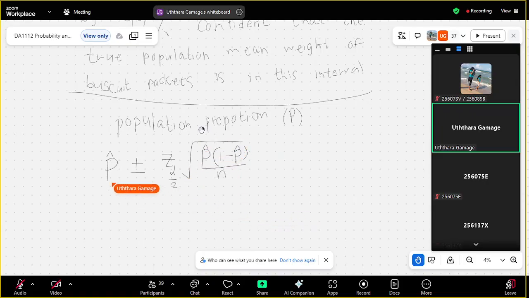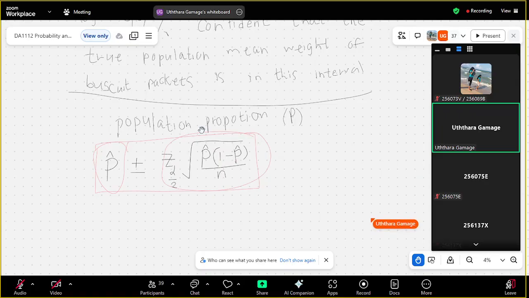So this is the formula to find the confidence interval for population proportion. So this part is the point estimate and this part is the margin of error, right? Same as the mean one, right?